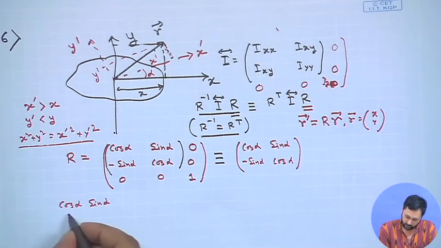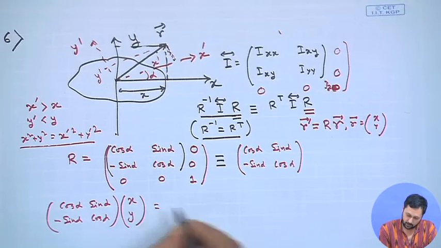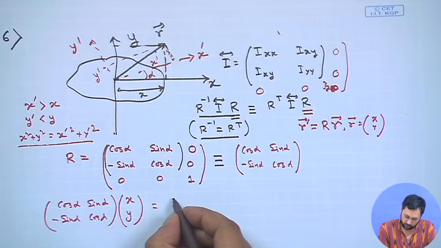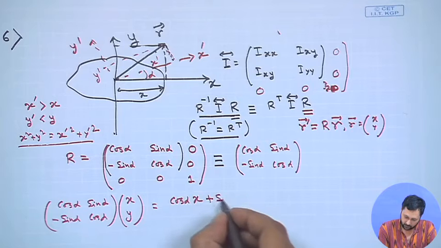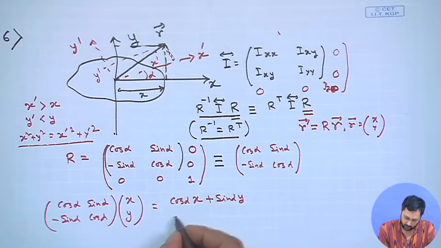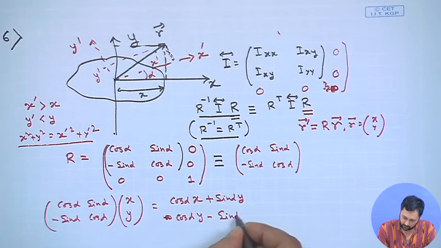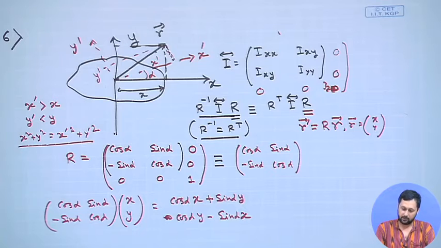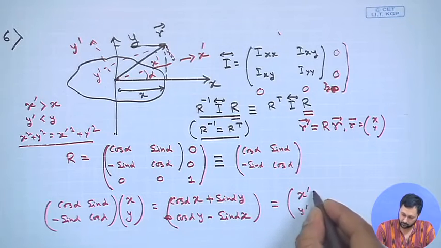So we have cos alpha, sin alpha, minus sin alpha, cos alpha times x, y, and then it will give us cos alpha x plus sin alpha y, and cos alpha y minus sin alpha x, right? And this is also a column vector, which is my new x prime, y prime, right?